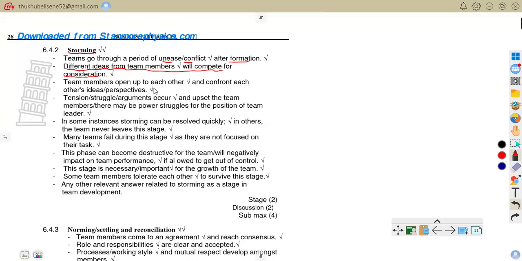Team members open up to each other and confront each other's ideas and perspectives. So here, that is where we can confront and challenge each other's ideas. It is at this stage that this can take place. Tension, struggle, and arguments occur in this stage and upset the team members.